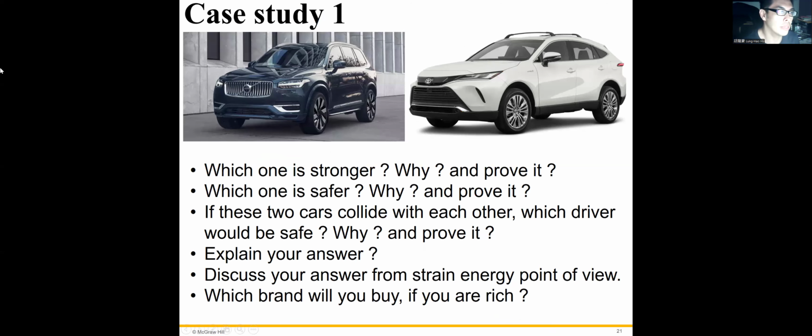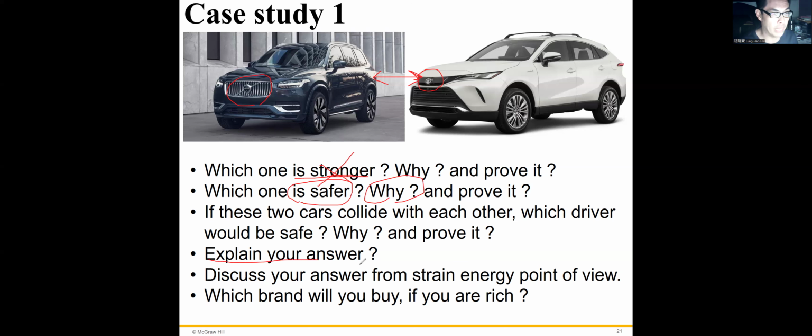So there's a case study here. Suppose we have two cars. One is a Volvo, and the second one is a Toyota. If these two cars collide with each other, or they just hit the wall, which one is stronger? Well, sorry, I cannot ask this kind of question. I should ask which one is safer for the driver and the passengers, and why.